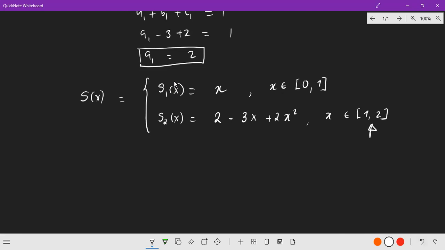So our S of 1.5, we're going to substitute in this equation. So this will be equal to 2 minus 3 times 1.5 plus 2 times 1.5 squared.